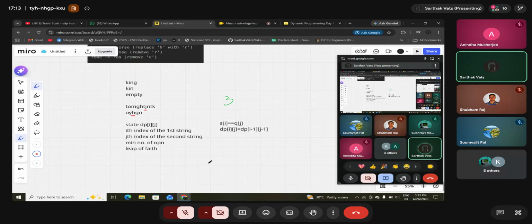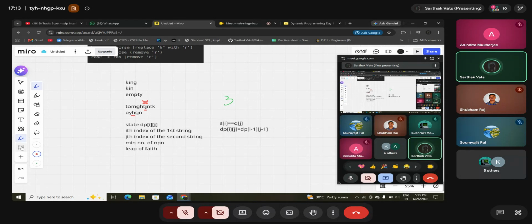Then you have three options, right? You can either remove it, replace it, or add something to it.